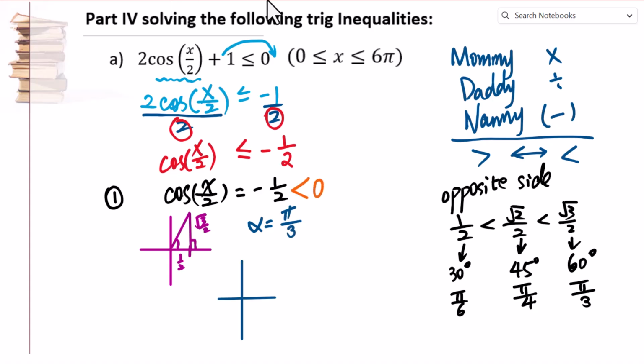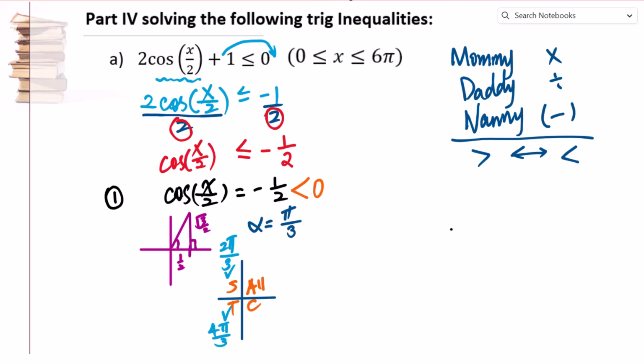Since it is -1/2, which is less than 0, all students take calculus, so we go to the second and third quadrant. Second quadrant is 2 pi over 3. Third quadrant is 4 pi over 3.